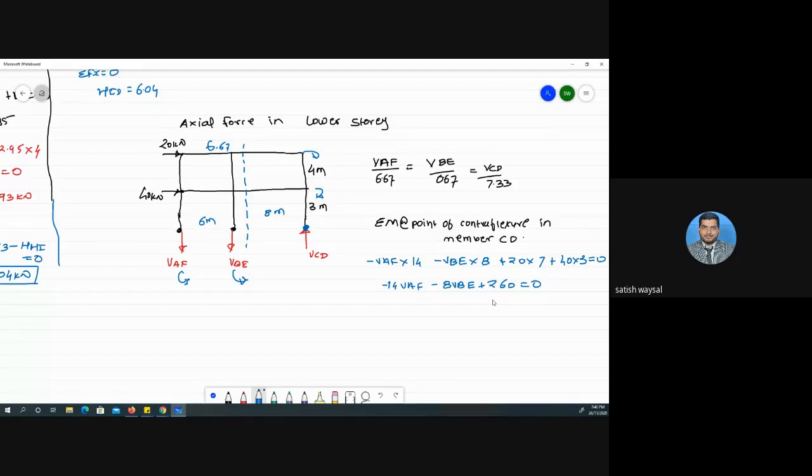Now this is the equation we have, and if we use the two relations, VAF upon 6.67 is equal to VBE upon 0.67.